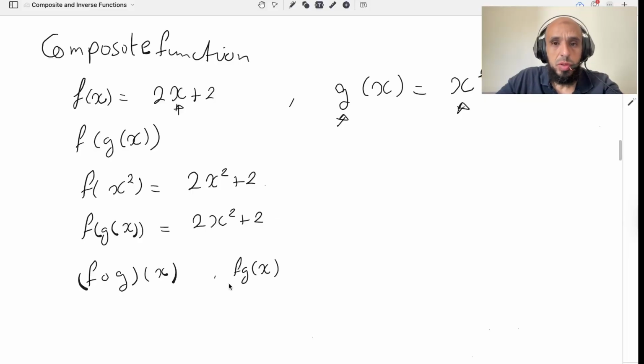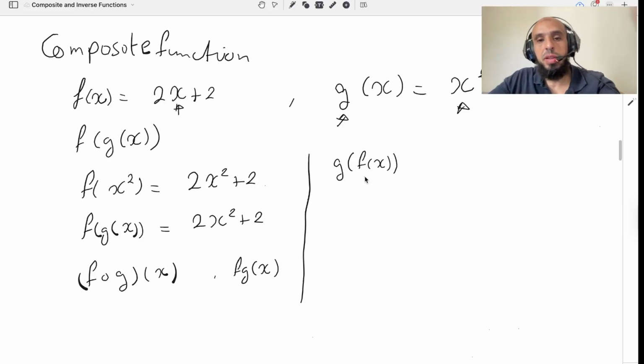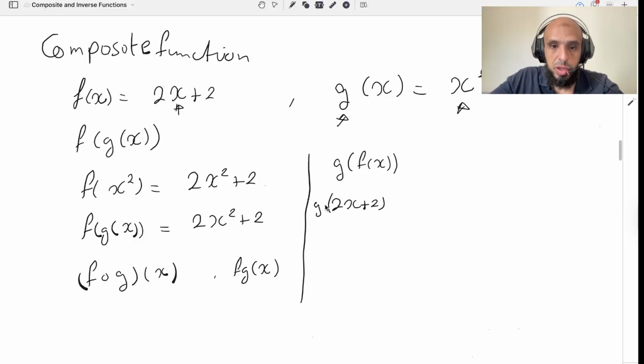Okay, so what happens if we do the opposite? We take g of f of x. In that case we first apply f and then we apply g to the output of f. So f of x is going to be 2x plus 2, and then if we apply g on this, we take everything and square it, so it's going to be 2x plus 2 all squared.